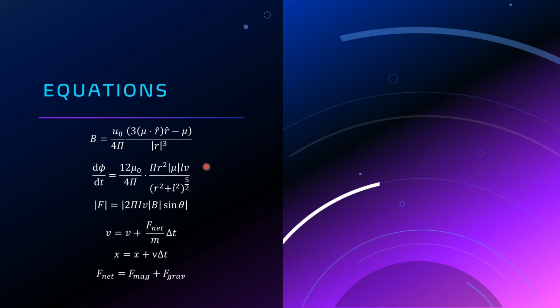And then we also have our flux calculations, or specifically our flux over time calculations, and the magnitude of our magnetic force here as well. And we also have our velocity and position change over time, as well as the sum of our forces.